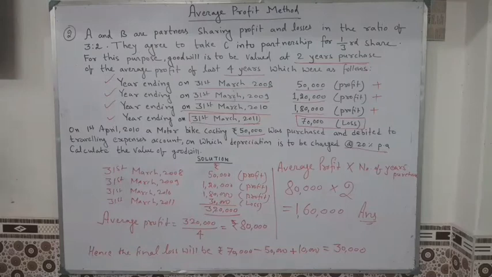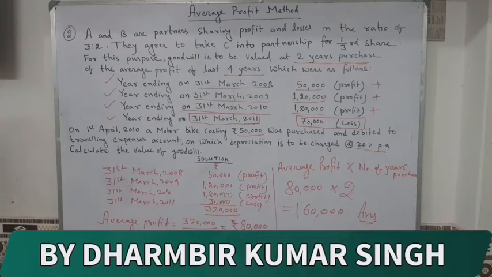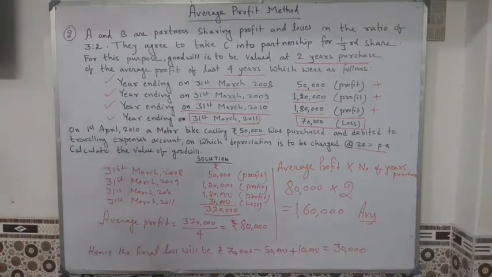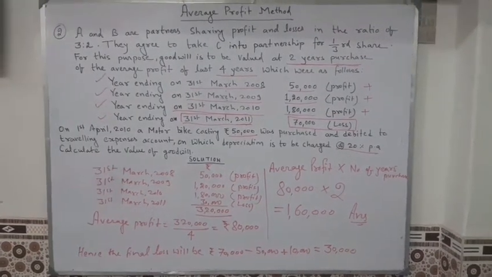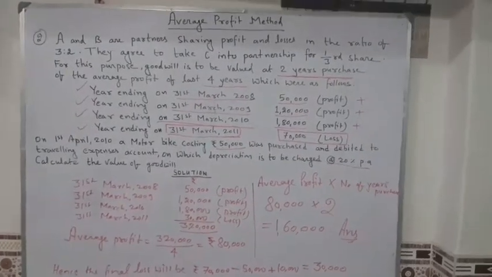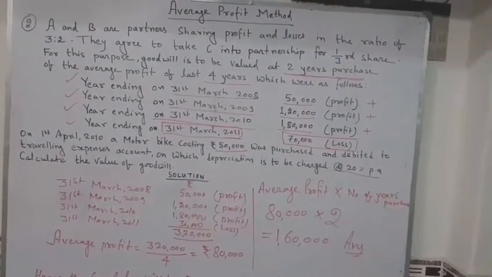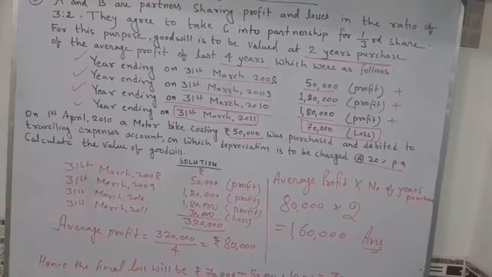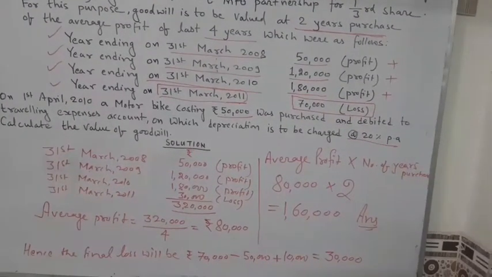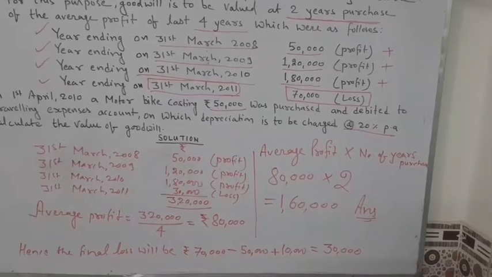Average profit into number of years purchase. Try to understand again. 31st March 2008, 50,000 profit. 31st March 2009, 1,20,000.